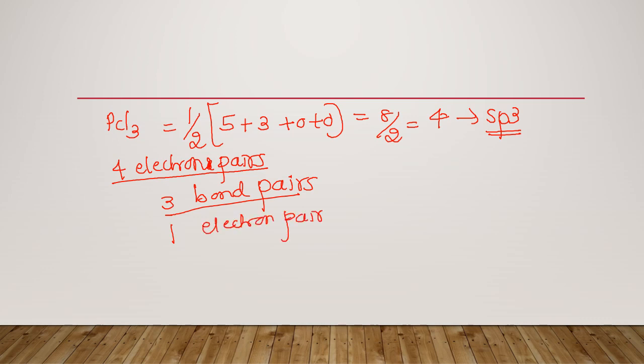Okay. So now, what may be the geometry? Since hybridization is sp3, is it tetrahedral? No, not possible because we have one lone pair.